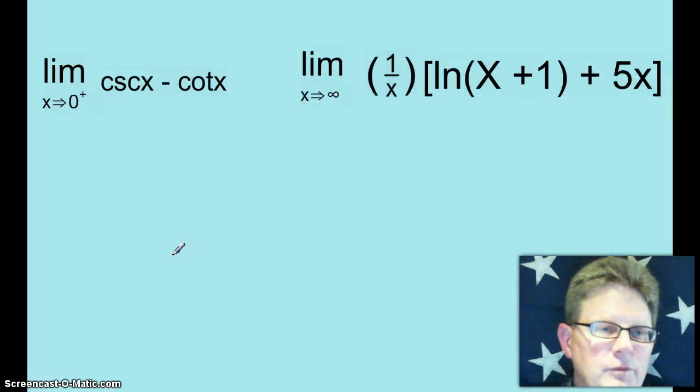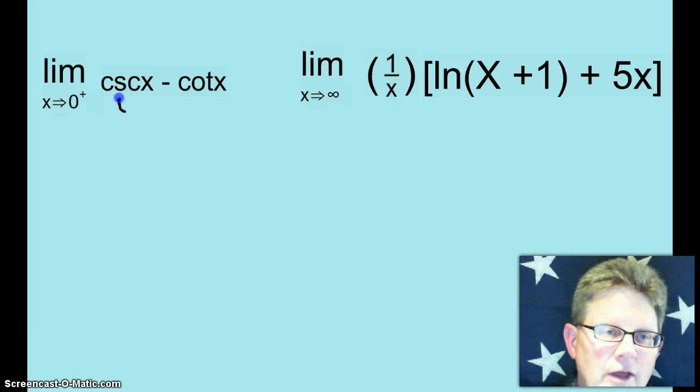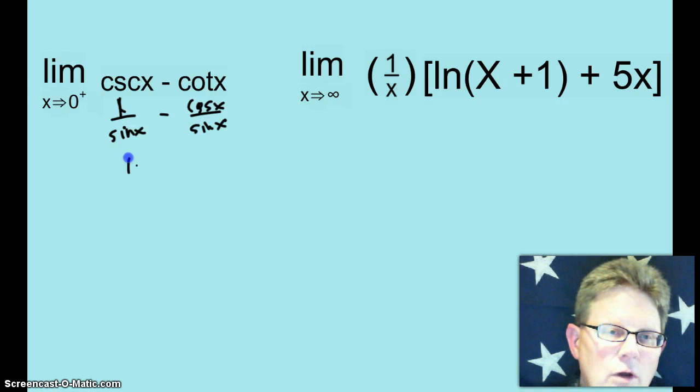How about the limit as x approaches 0 from the right of cosecant x minus cotangent x? As you remember from trig class, cosecant of x is 1 over sine x. Cotangent of x is cosine x over sine x. So we have 1 minus cosine of x all over sine x.